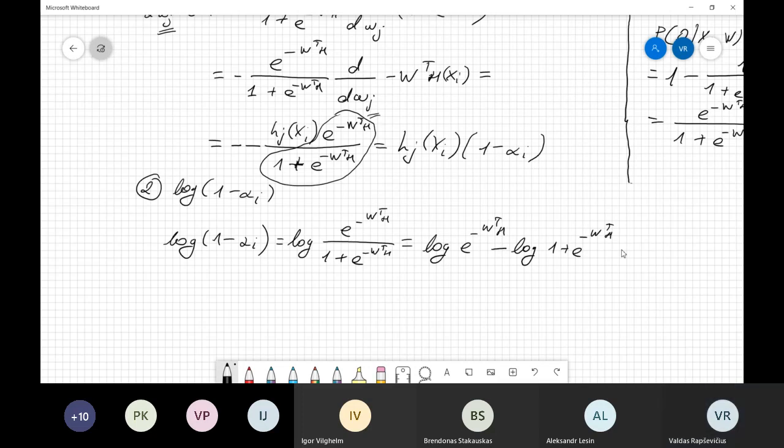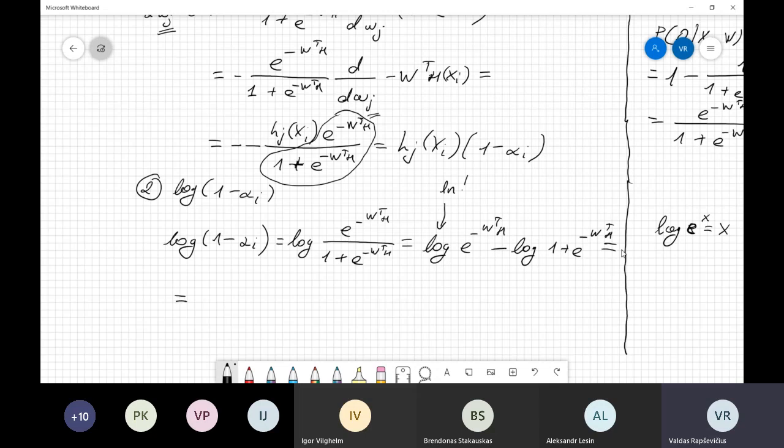Since this is a natural logarithm, we have a rule: the log of e to the x equals x. This is by the rule of logarithm.